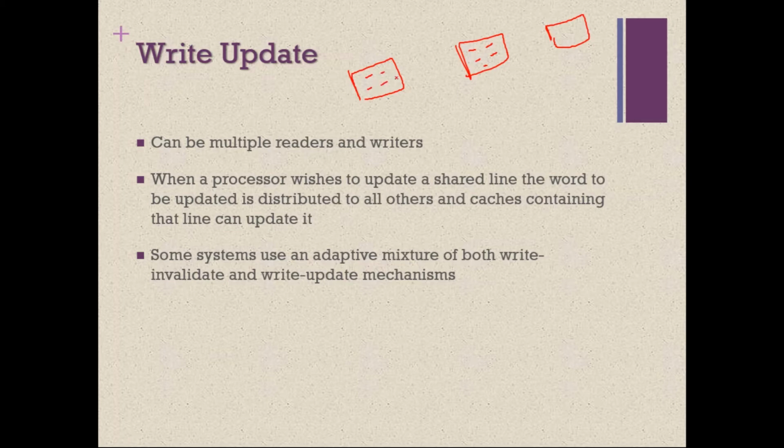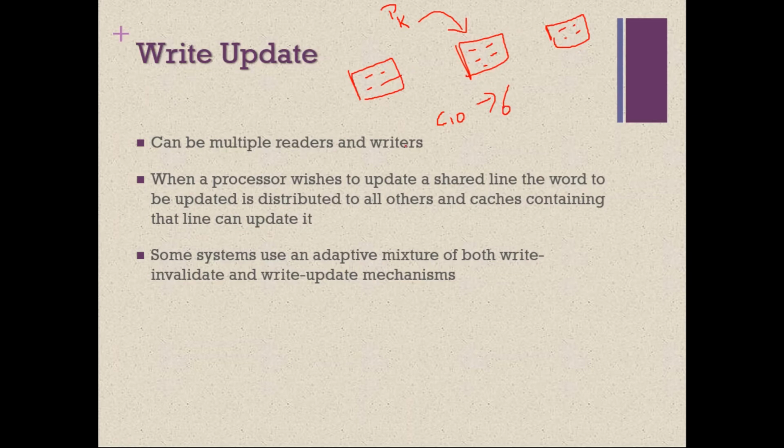But whatever word it is modifying, say this is processor K, then after modifying, it will send a broadcast message to all the processors stating that in so and so line, I have modified so and so word. Say in cache line 10, I have modified this sixth word.